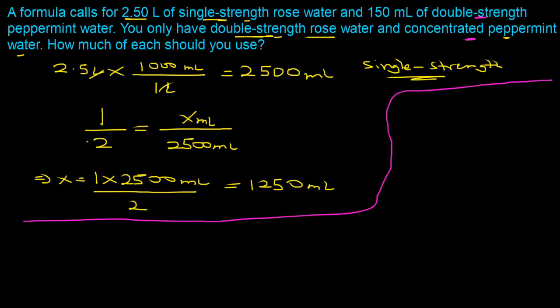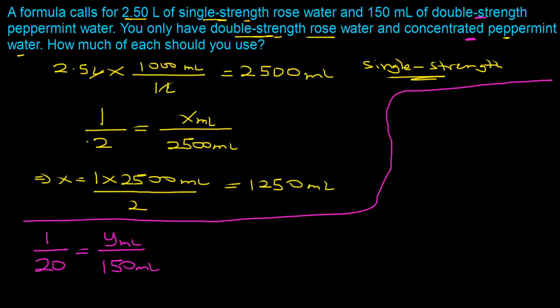We've done an example, and we know it's a 20 times relationship. So for each part of the concentrated peppermint water, you're going to end up with 20 total parts. That's the relationship we want to recall, and then we can set up the proportion. How many milliliters of the concentrated peppermint water do we need to make 150 milliliters total?